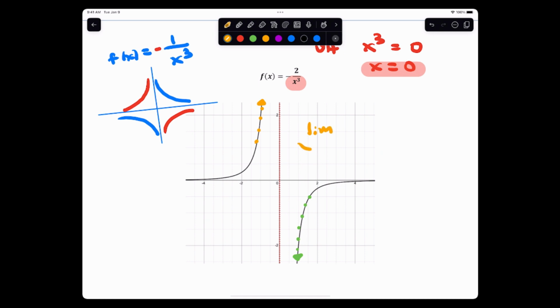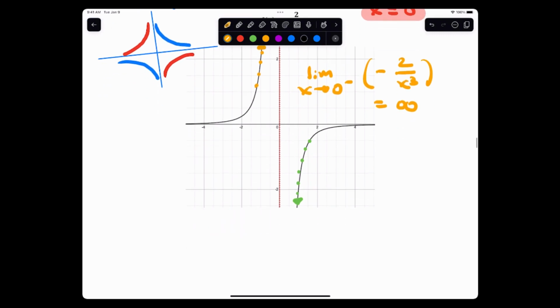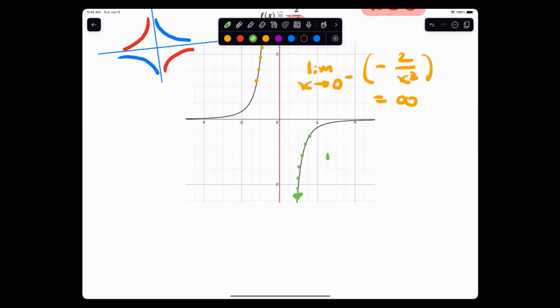Limit as x goes to 0 from the left of negative 2 over x cubed. What does that equal? Positive infinity. And then what about from the right? Yep, it's going to be negative infinity.